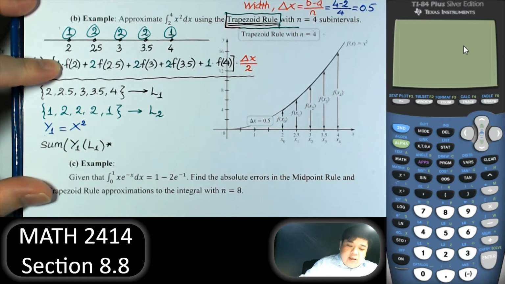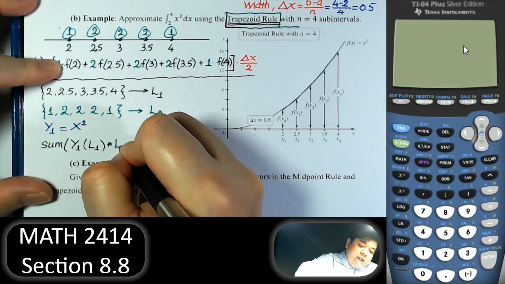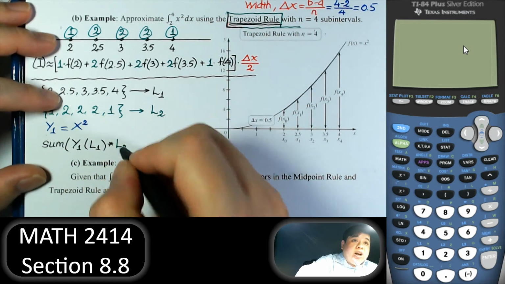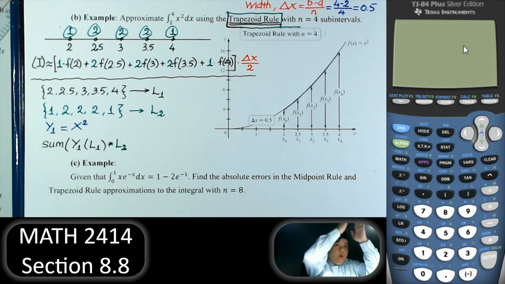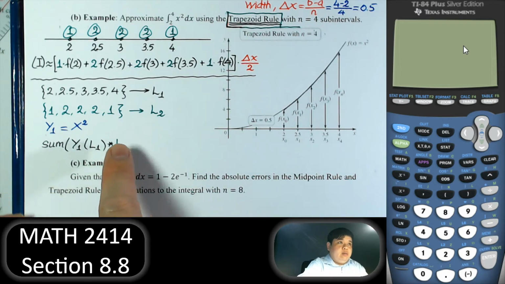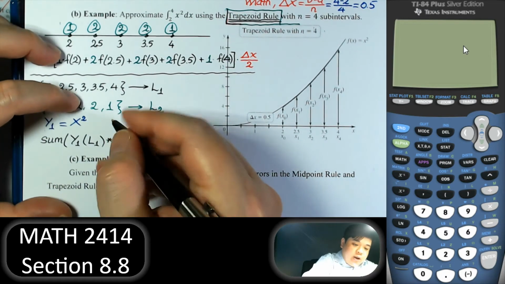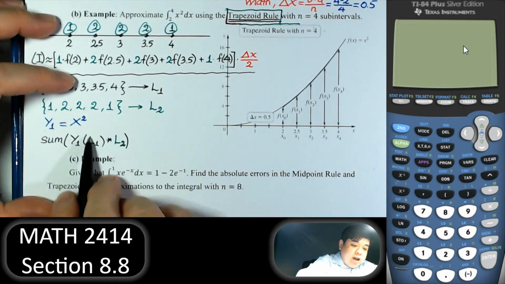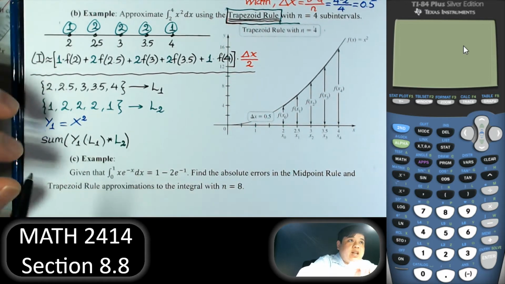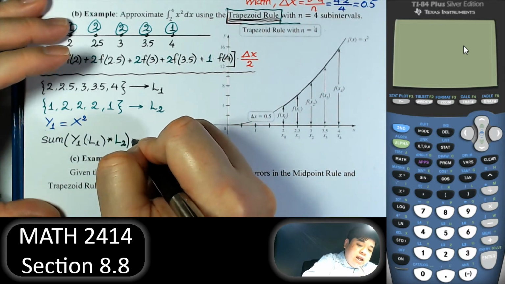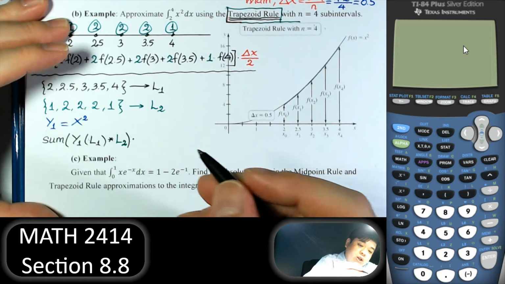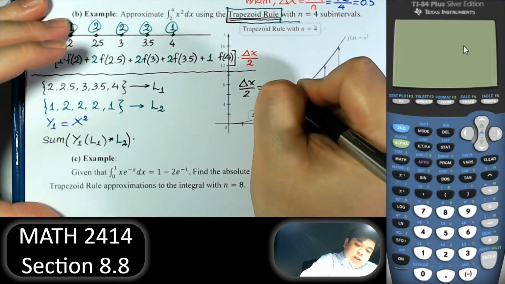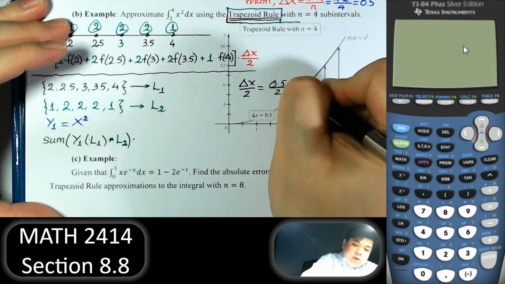When we write it like that, the calculator understands to multiply point-wise: the first value of the function evaluated at L1 times the first one of L2. There are 5 values of this and 5 values of this. They just multiply together. And at the end, we have delta x divided by 2, which is 0.25.